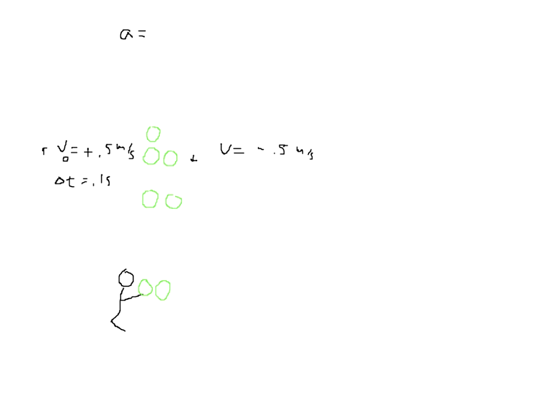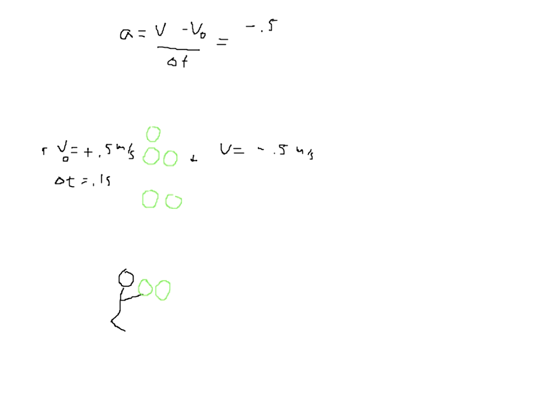So we know that acceleration equals V final minus V initial over delta t. And I should use the book's nomenclature, V final, since they like to not have the subscript there for final. So now we're just going to plug in.